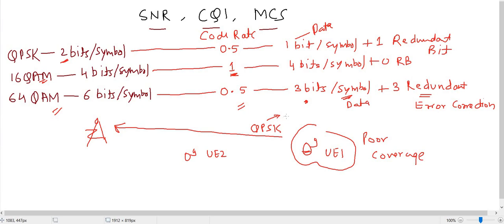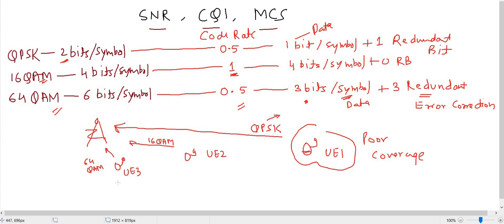So the probability of error will be less in case of QPSK, whereas for the UE which is closer to the E node B, let's say UE2 is in the mid of coverage of E node B, and UE3 is quite closer to E node B. So UE2 will ask E node B to use 16 QAM, and UE3 will ask E node B to use 64 QAM, because with UE3 probability of error will be less.